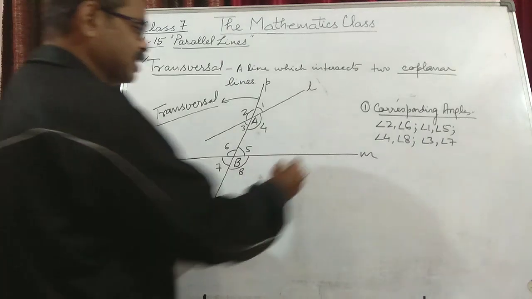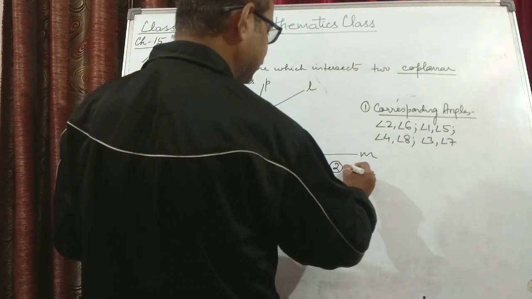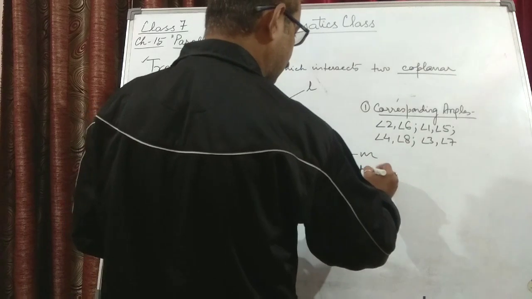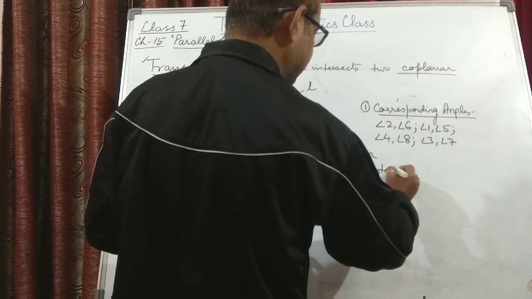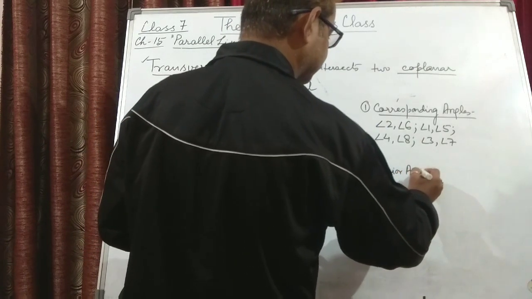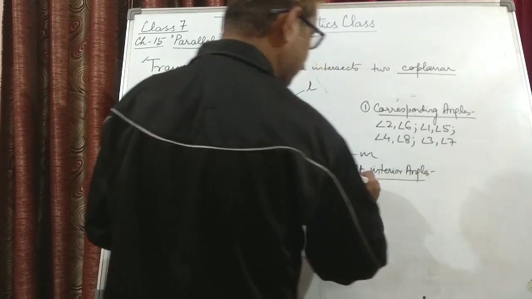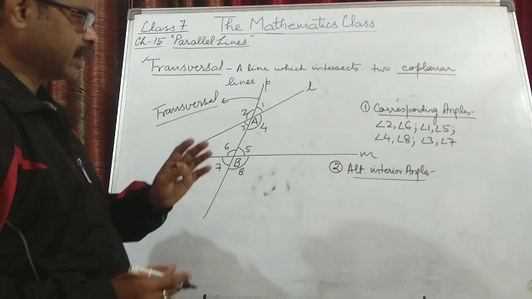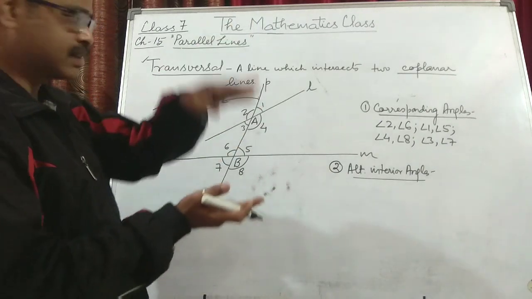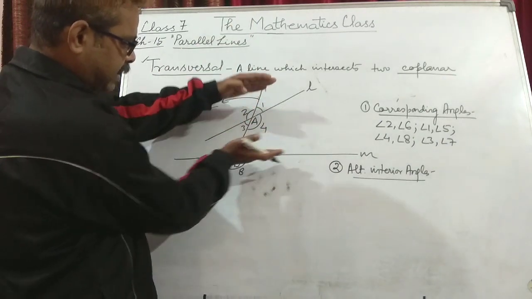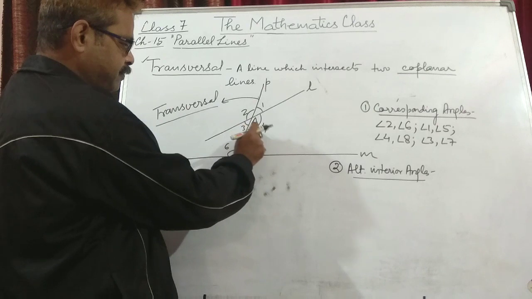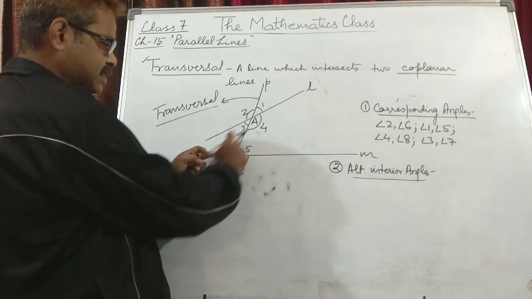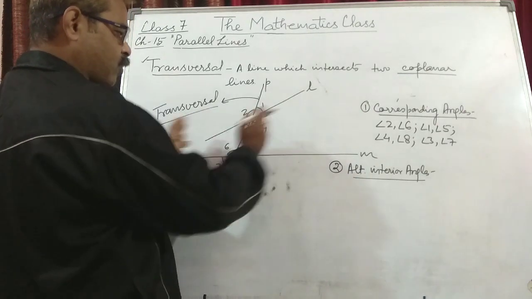Then second is alternate interior angles. What is the meaning of alternate interior? Which are in alternate segments and they are inside. Suppose this line and this line. So inside there are 3, 4, 5 and 6. 6 and 4, both of them are in alternate segments.